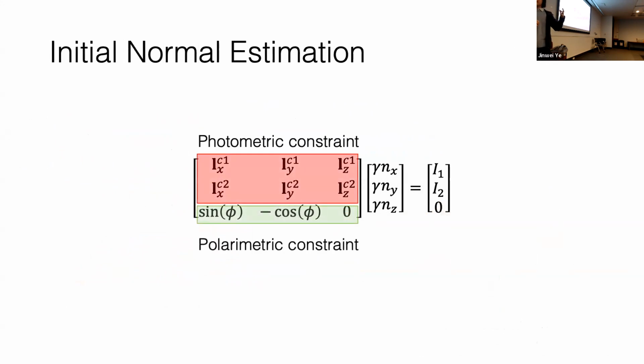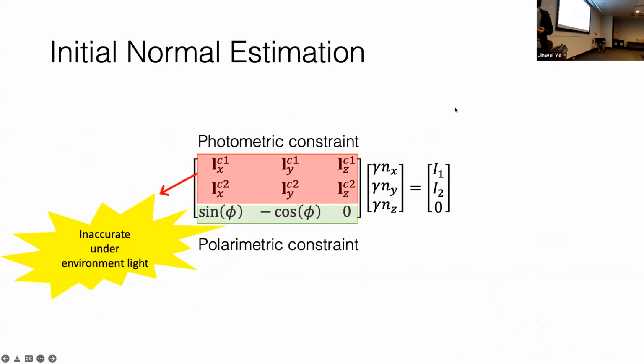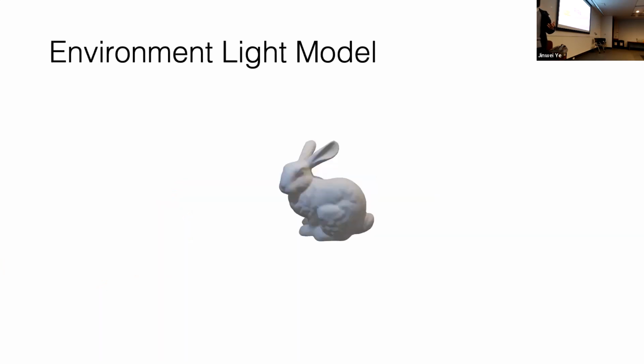By combining these equations together, the photometric constraints and the polarimetric constraint, we can form equations for solving the normal. The problem with the uncontrolled environment is that it actually affects the polarimetric constraint, because the environmental light is unwanted. So we design a method to get rid of that.